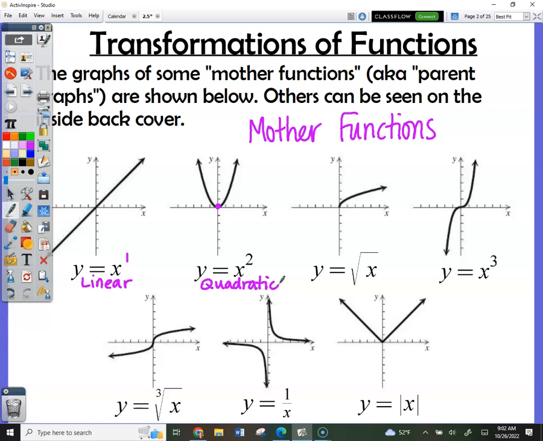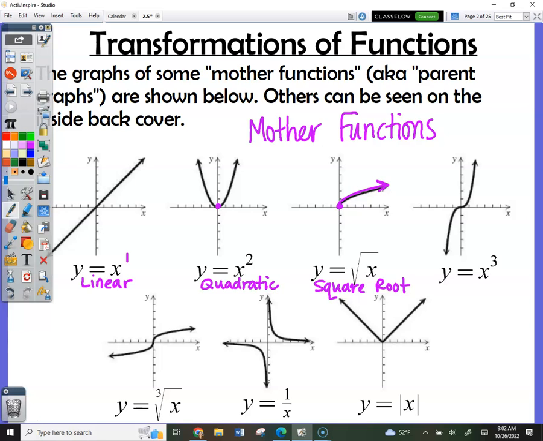The mother function for a square root looks weird, starts at 0, 0, and then it shoots out like that. The reason it does that is because what is the square root function in relation to the squared function? How are they related?